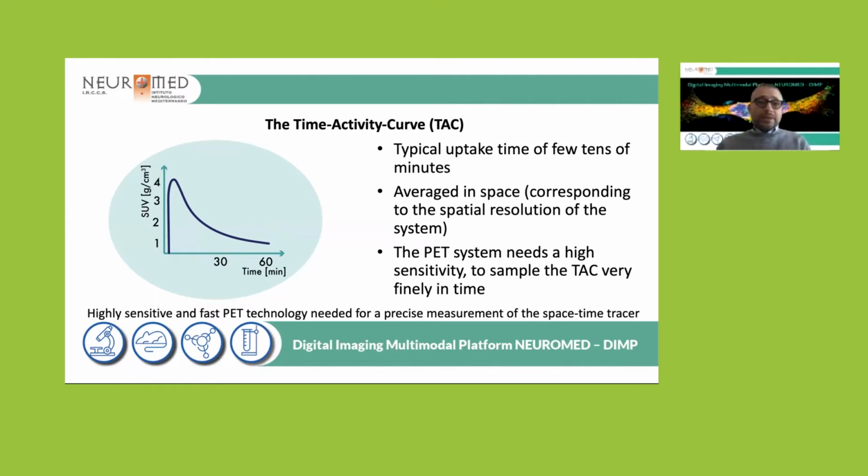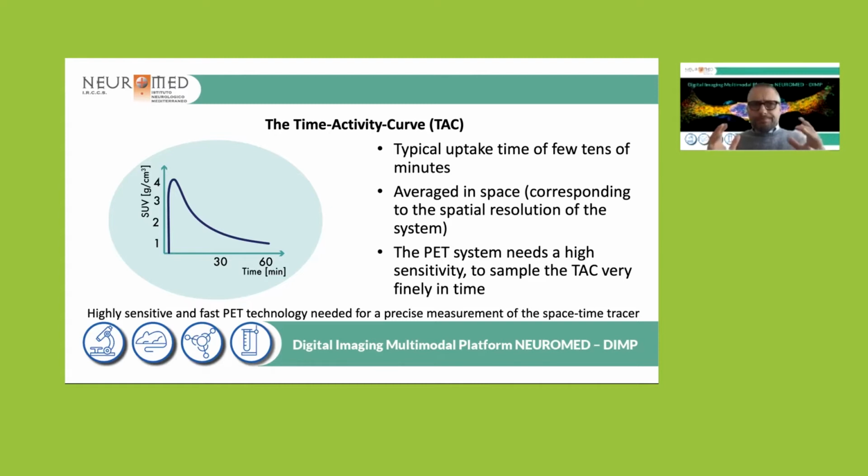What we learn from the PET signal is that to get such a time signal, the PET system needs to have a very high sensitivity in order to sample the time activity curve very finely in time, and in particular to measure the first part of it, where maybe the uptake is there but very small. So the highly sensitive and fast PET technology seems to be very needed for a precise measurement of the space-time tracer distribution.